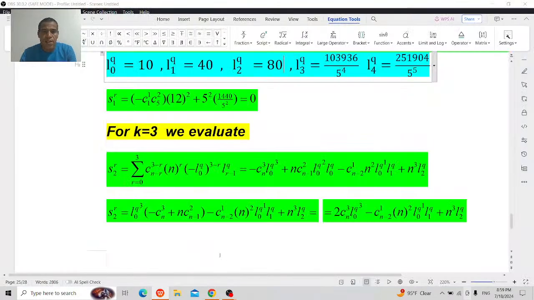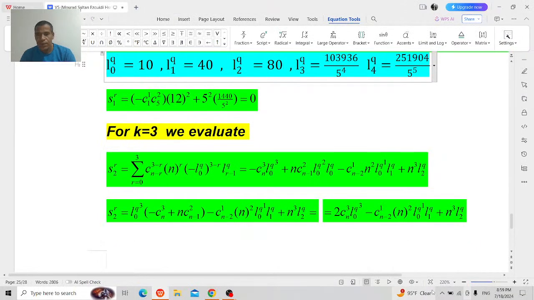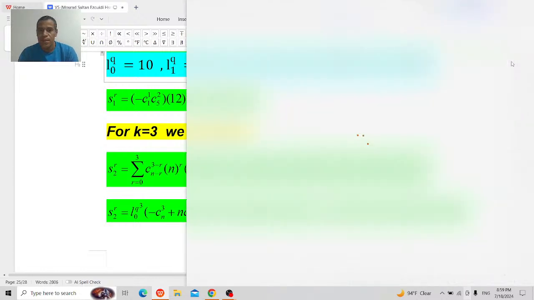So this is a polynomial to the power 5. Here we have a polynomial to the power 5, and we are going to solve this polynomial. The title of this lecture is Solve the 5th degree polynomial equation.